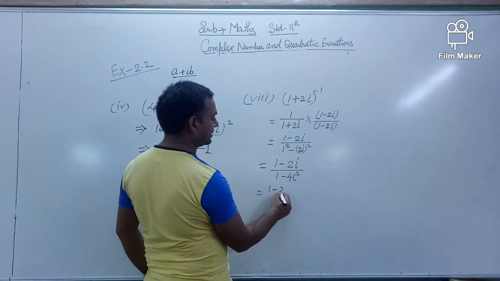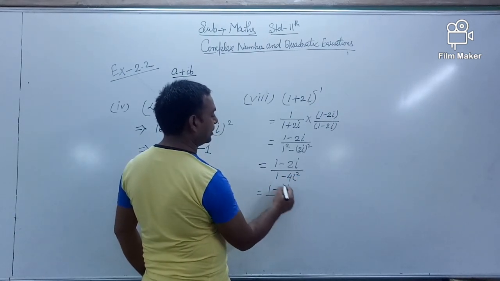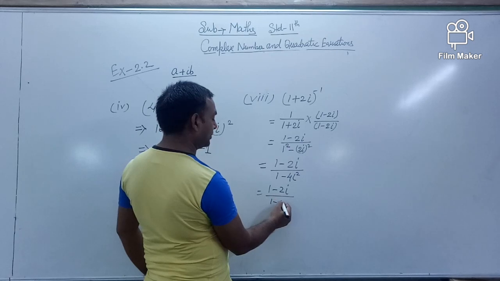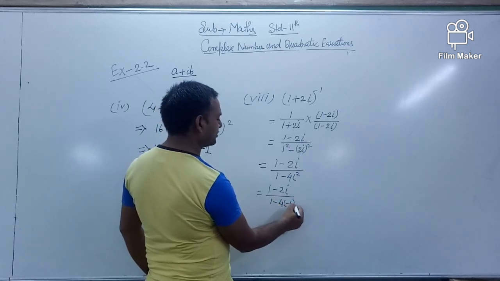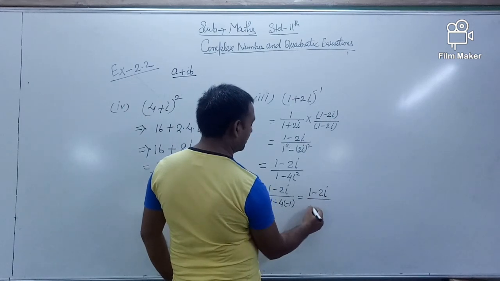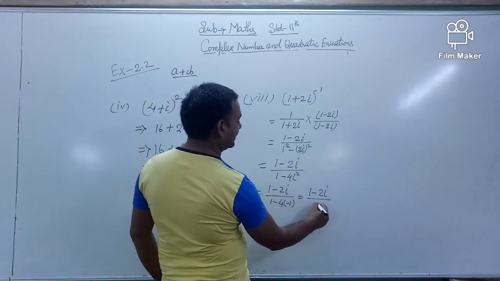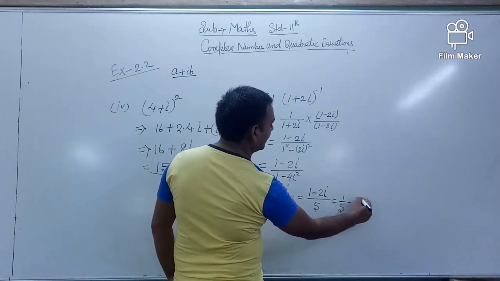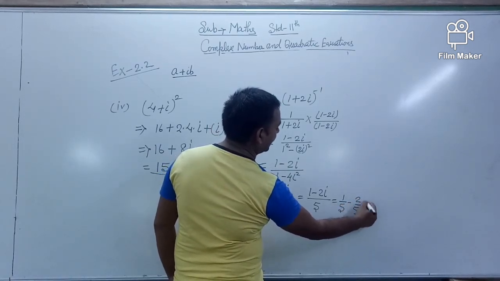Therefore, (1 - 2i) upon 1 minus 4 into minus 1, that is equal to (1 - 2i) upon minus minus plus, that is 5. So that is equal to 1 by 5 minus 2 by 5 i.